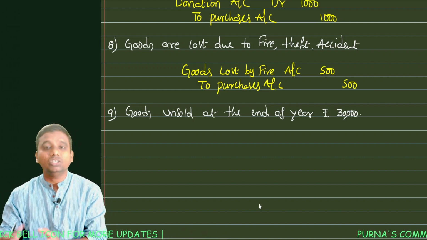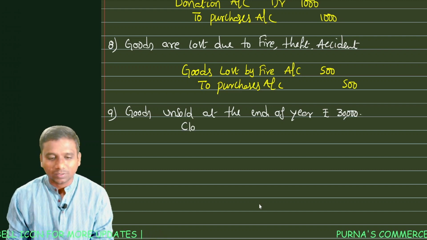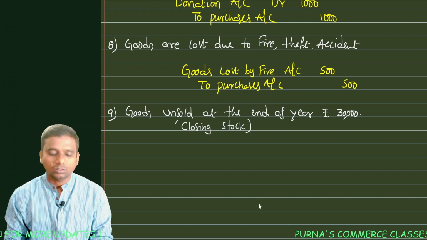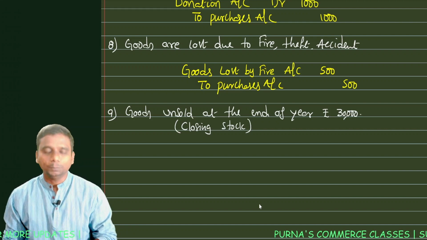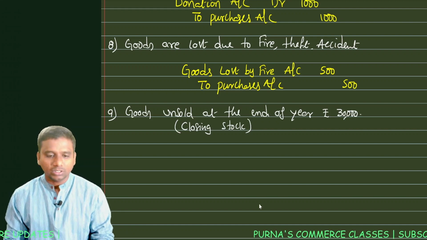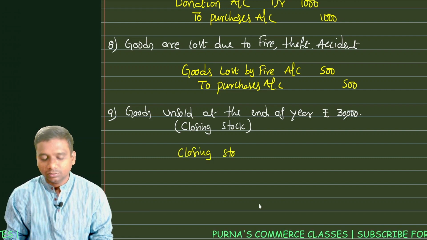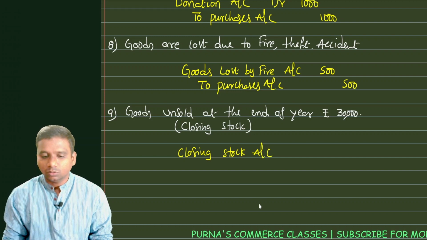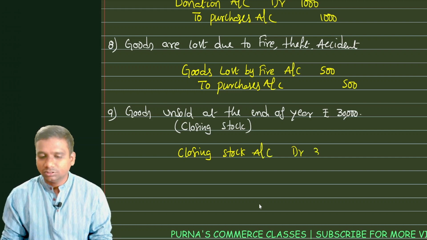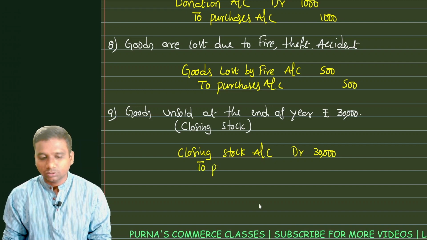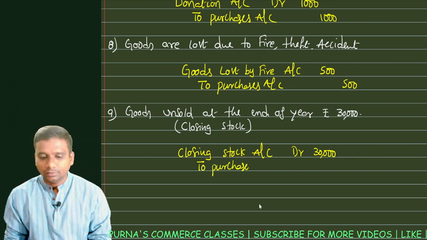Okay, this we call closing stock. Understood, students? So for the closing stock, what is the entry we record? Simply closing stock account debit. How much is the closing stock for us? 30,000. So purchase cost gets decreased.